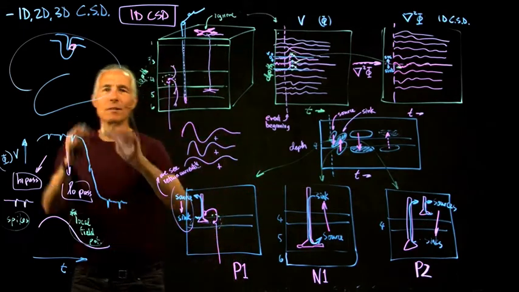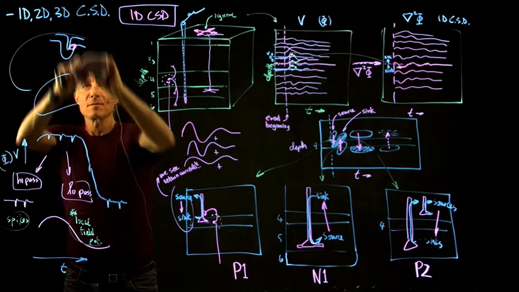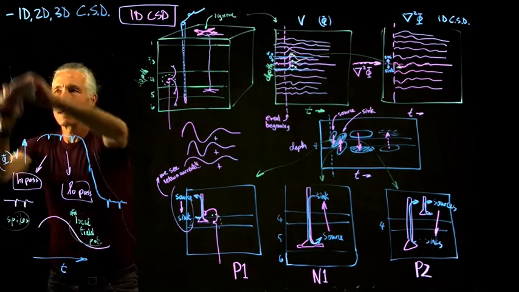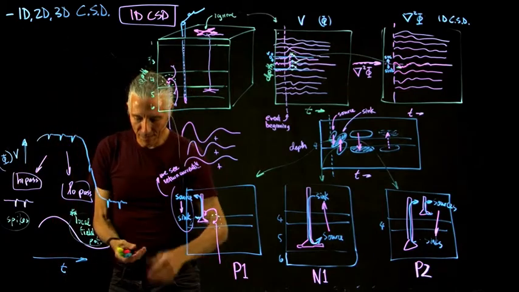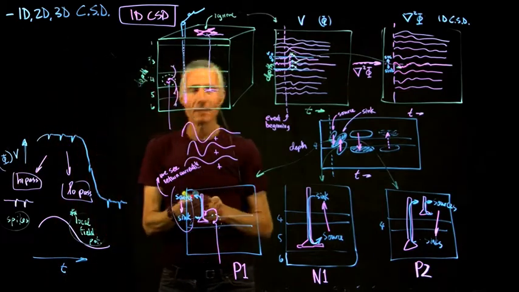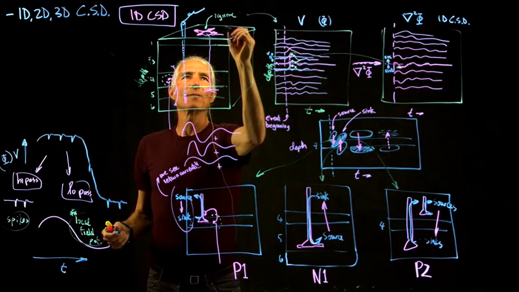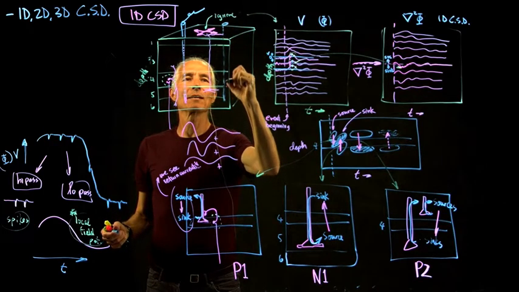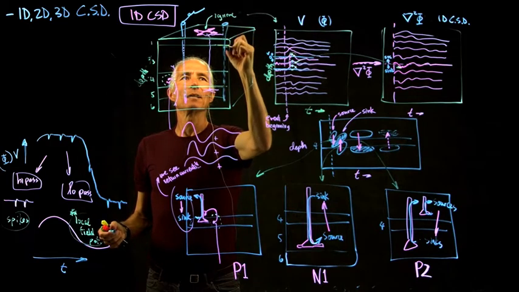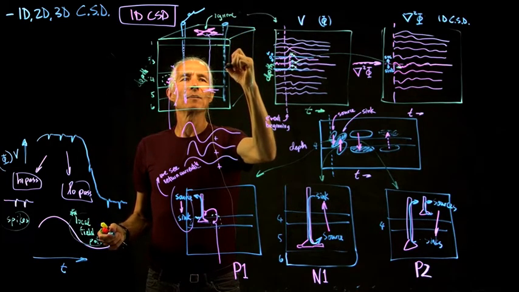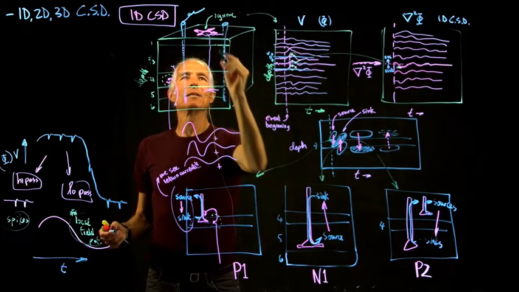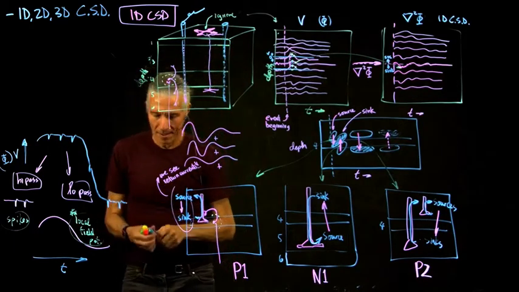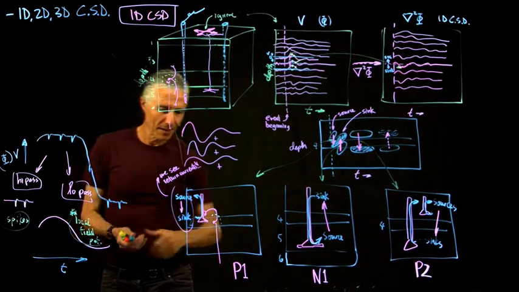So the critical observation is, if we do the same thing at a different point in the cortex, so let's put another electrode in over here, go to a different part of the cortex and record a bunch of evoked potentials. So here we've moved in this map.